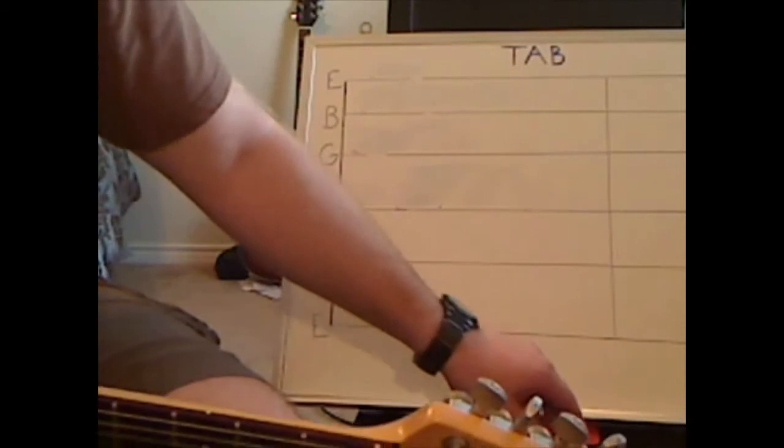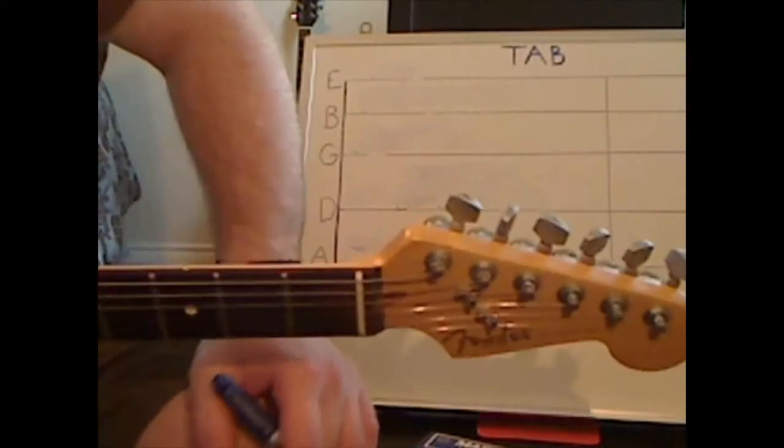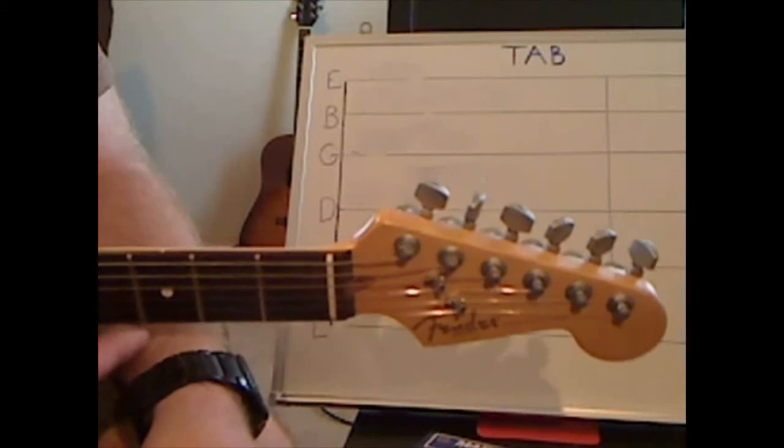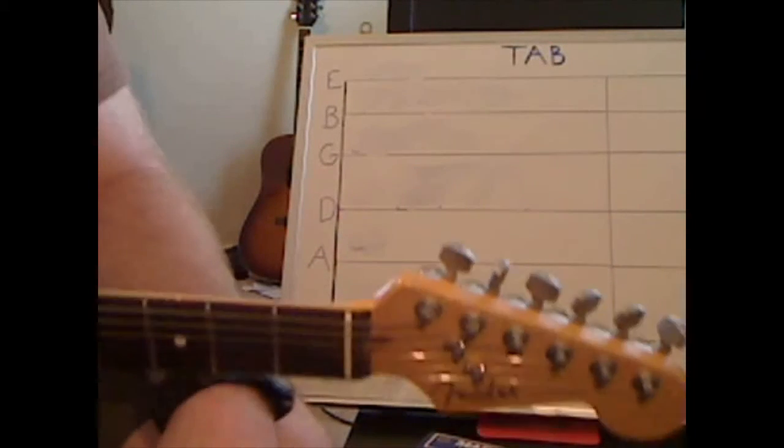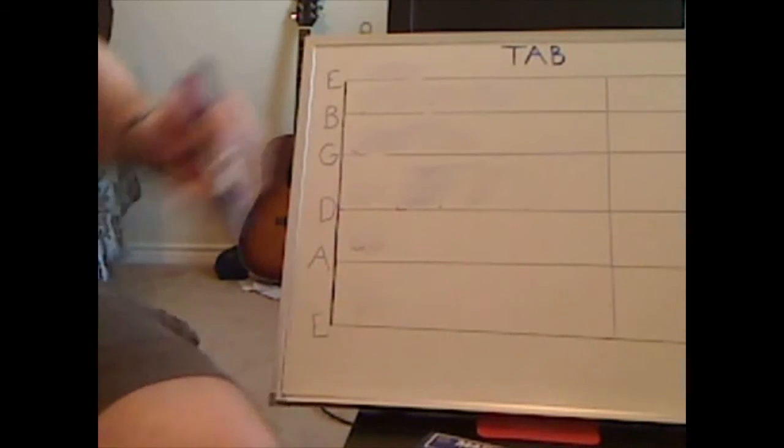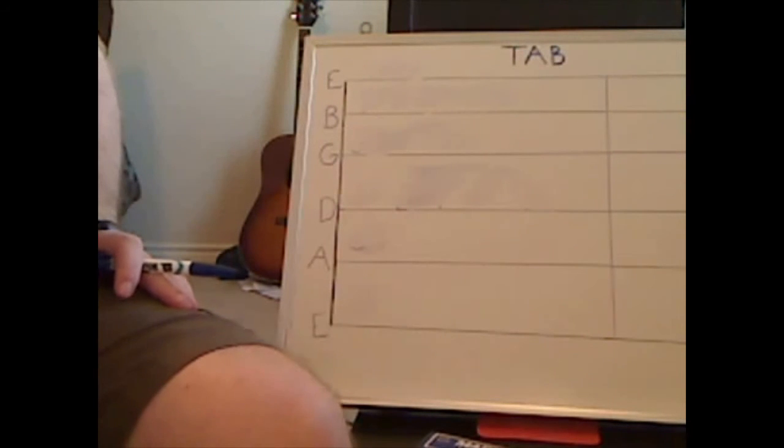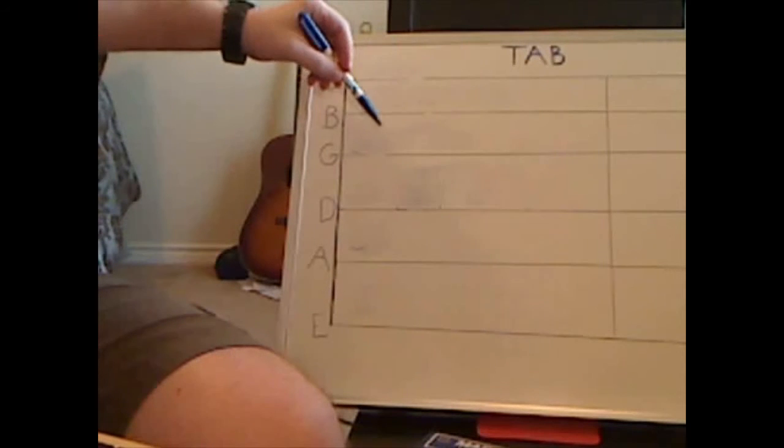Okay, now we got through our slides, our hammer-ons, our pull-offs, our trills, our chords. Now we just have bends and vibratos left. Okay, let's say I'm on the 4th fret of the G string, okay?